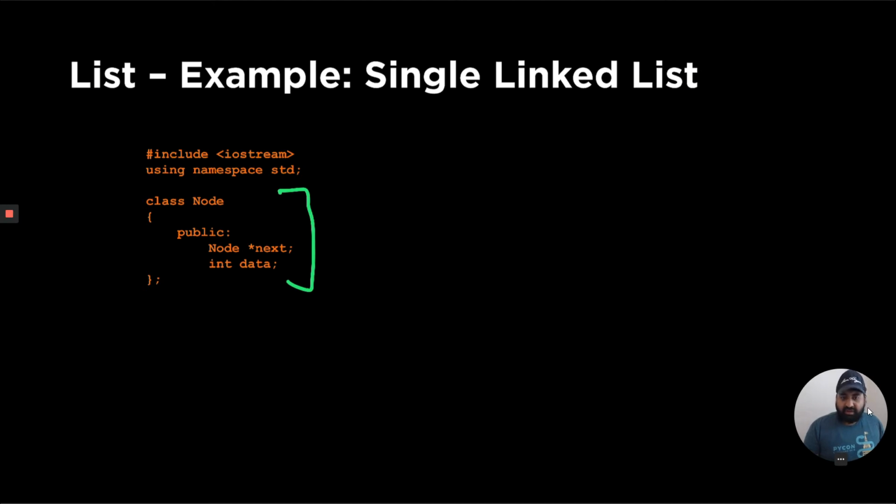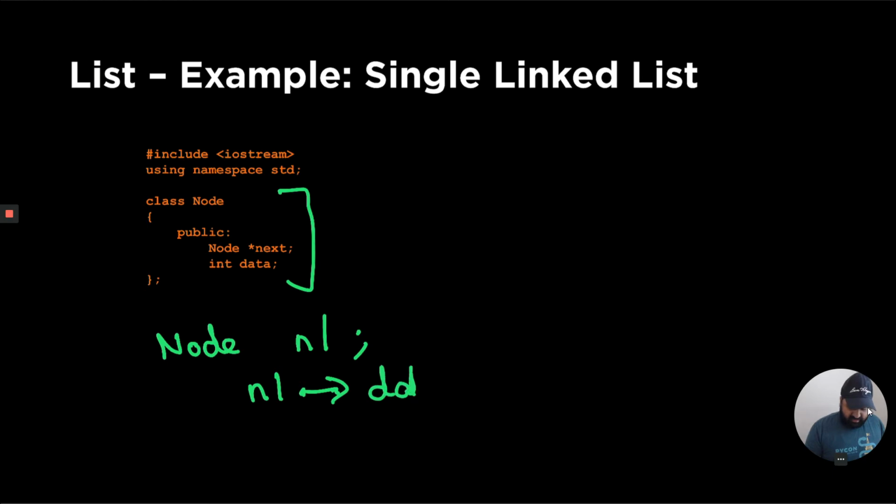Now, how we can build a linked list is by creating an object, let's call it node n1, and then we can assign n1's data to be some value, and then n1's next to be pointing to a null pointer.